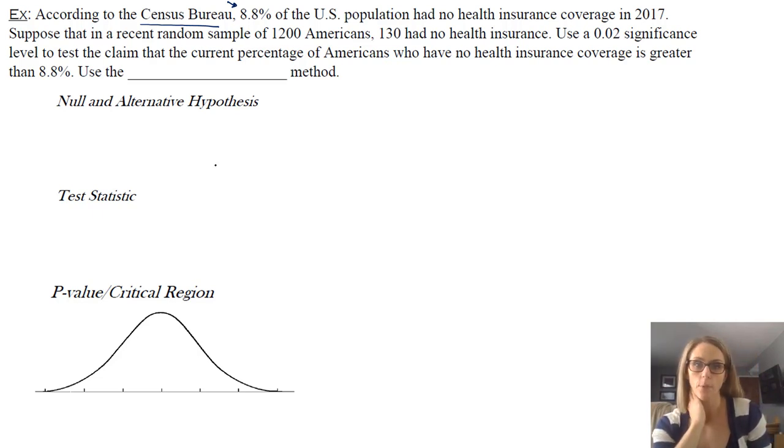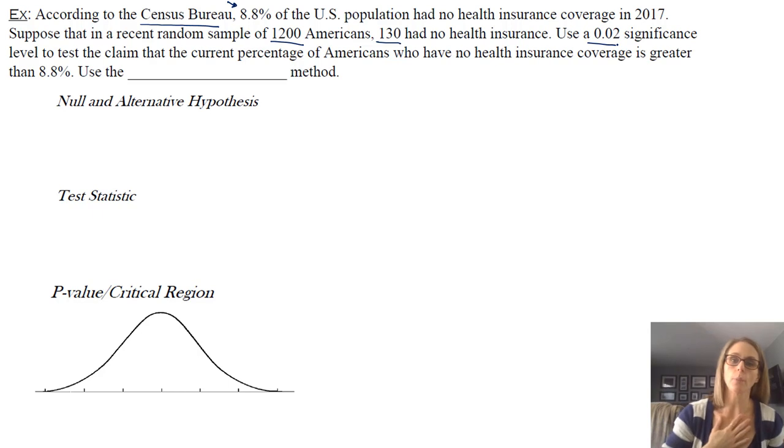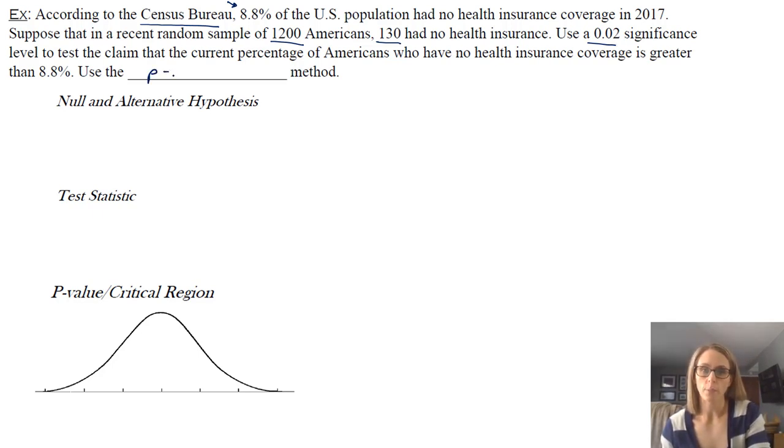But now a recent sample was taken: 1,200 Americans, 130 of them had no health insurance. Use a 0.02 significance level to test the claim that the current percentage of Americans who have no health insurance coverage is greater than 8.8%. We'll always be writing the p-value method here, but other people use these same notes. So let's take a look at this example.